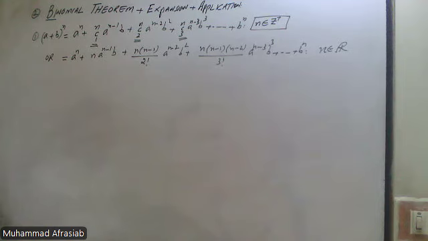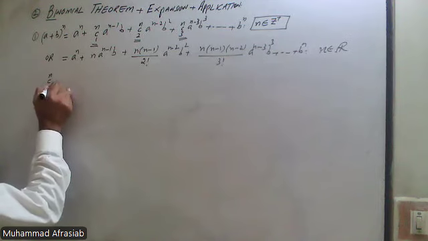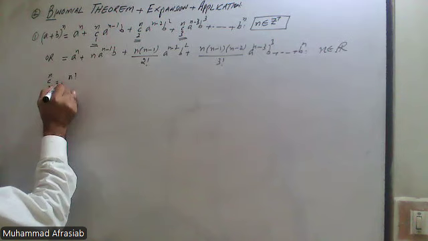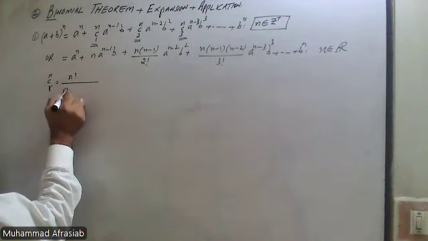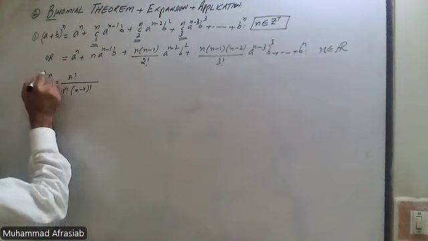Now we know that nCr is equal to n factorial over r factorial into (n-r) factorial.